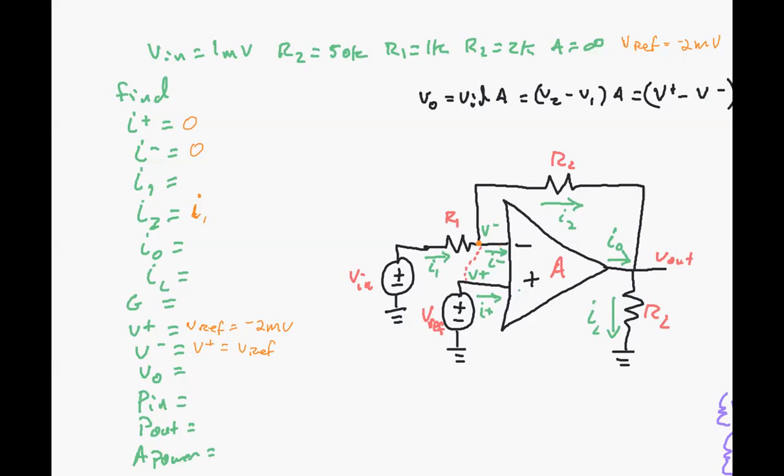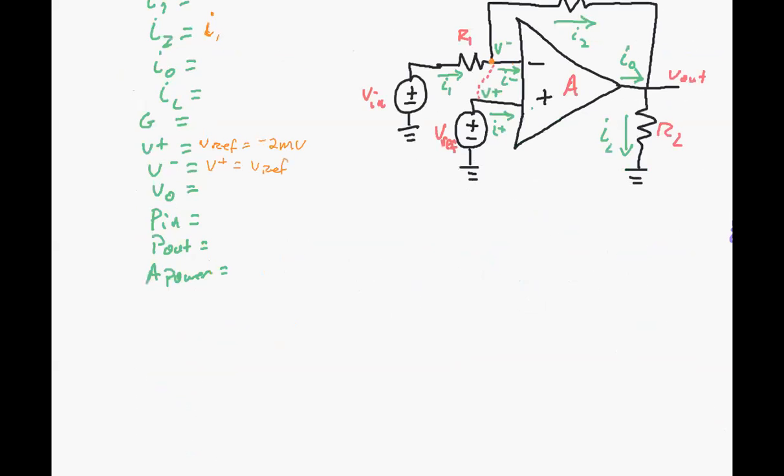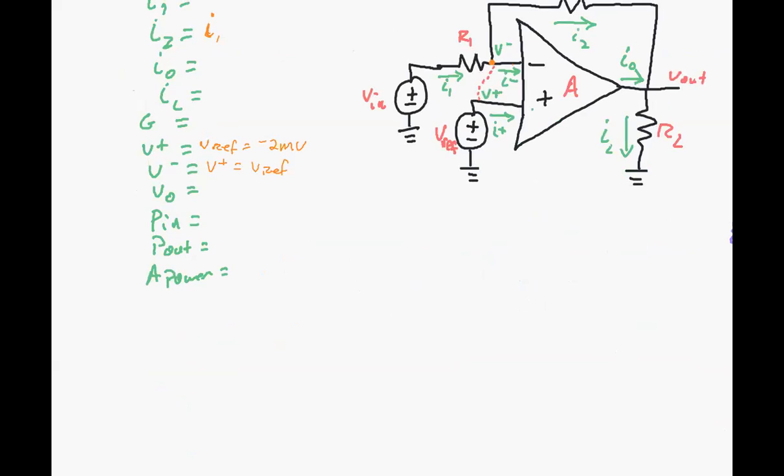So I1 times R1 would be the voltage drop across that resistor R1. That should equal the difference between the two nodes, so that's Vin minus V minus, which is Vin minus Vref, equal to 1 millivolt minus minus 2 millivolts.